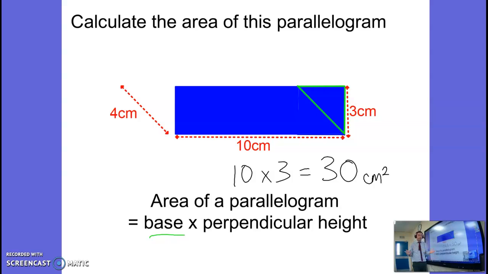And that's it. It's very, very simple, as long as you remember to multiply the perpendicular lengths and ignore the slanty length. Okay, find the right angle lengths, multiply them together, and that's it. Sometimes this formula is simplified to just base times height, but as long as you know that that height is the perpendicular height.